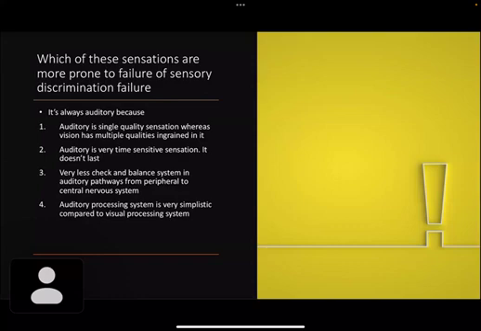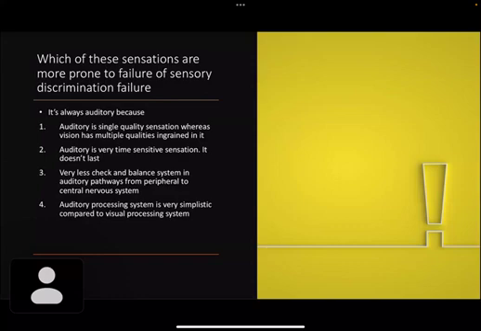So if these two are long range sensory perception, which of these would be more prone to failure of sensory discrimination? It is always auditory, because auditory is a single quality sensation, whereas vision has multiple qualities ingrained in it. Auditory is only sound, some pitch, some cadence, so that is all, nothing more.